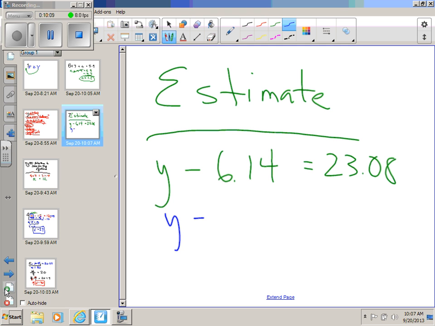What might be easier to use for us mentally? 6, right? And not 23 and 800ths, maybe just 23. Now, mentally, I can say, all right, the opposite that has to get done to both sides is going to be what, Austin? Add what? How about add 6 to both sides, right? Because I'm subtracting 6. Let's add 6 to both sides. What's 23 plus 6? 29. Does 29 minus 6 give us 23? Makes sense, okay?